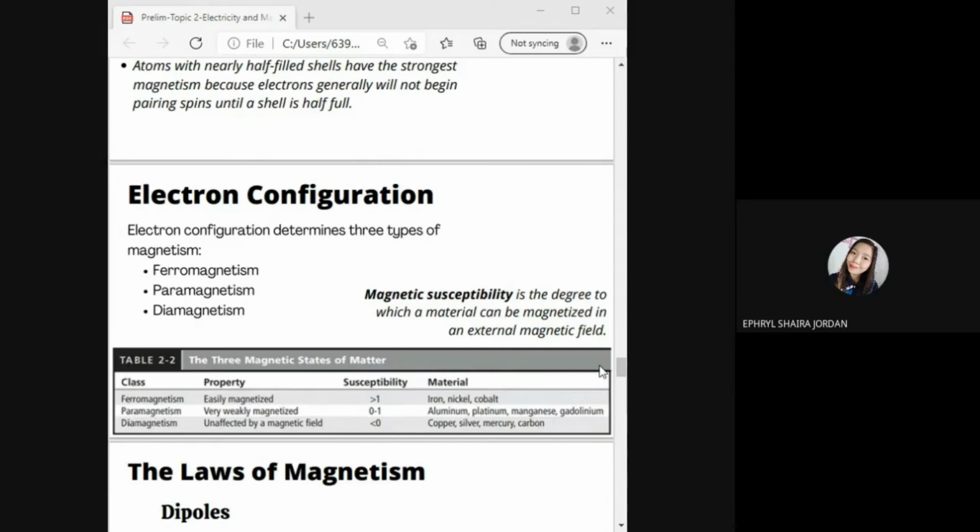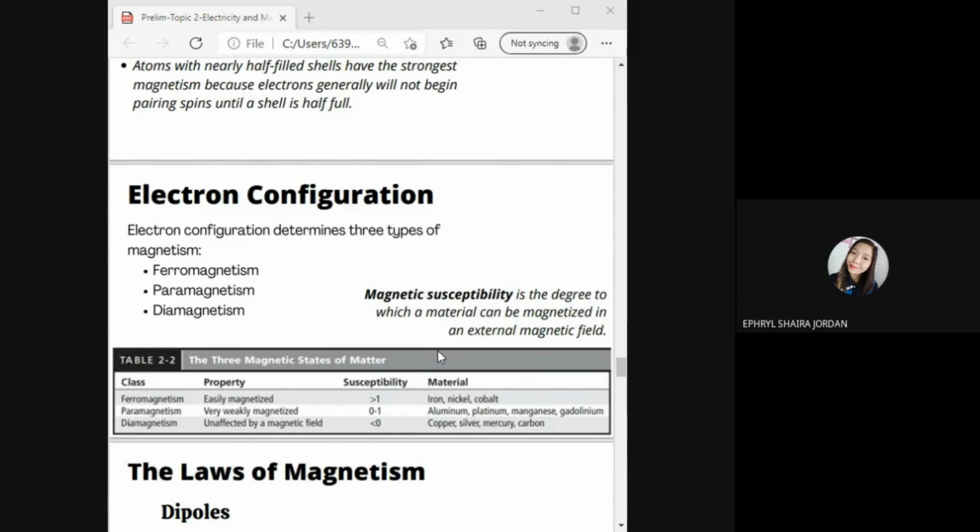By the way, magnetic susceptibility refers to the degree to which a material can be magnetized in an external magnetic field. So gaano katindi ba ma-magnetize ang isang material sa external magnetic field.